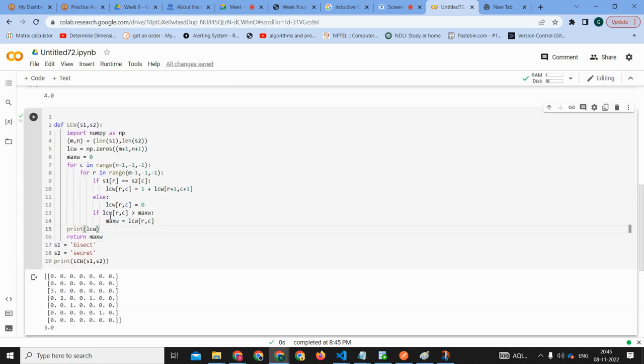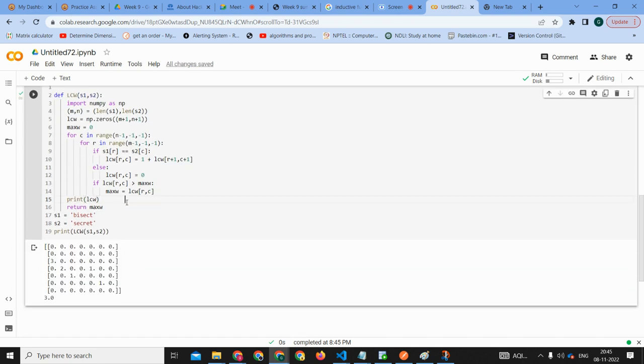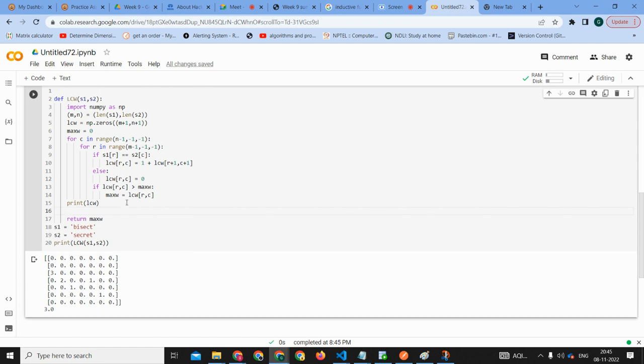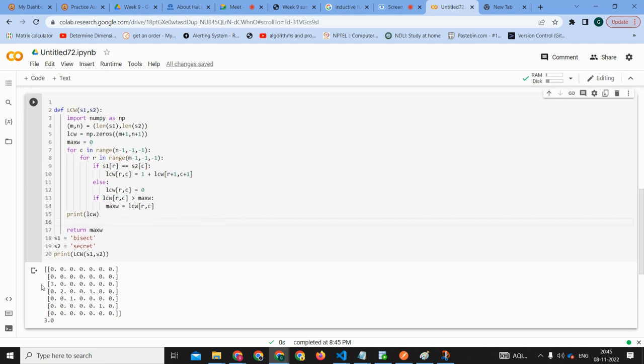LCW. Anyhow, we need to go ahead with it, right? Whatever we have. So how do we move ahead here? I think we need to pick up the largest number first, then move back diagonally.